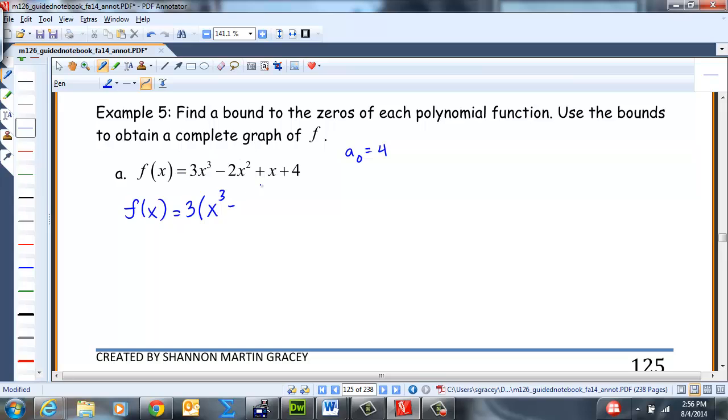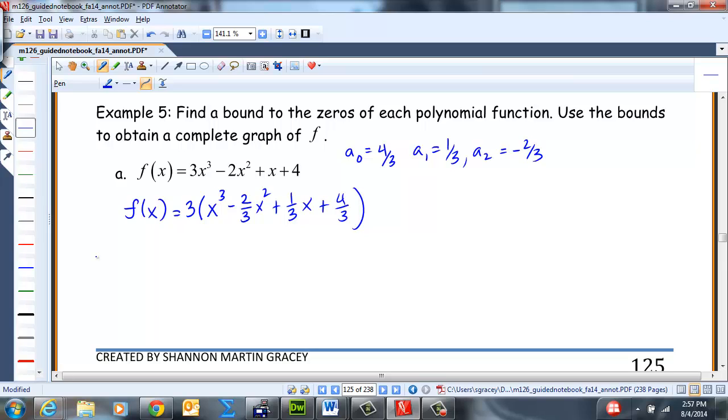And so if I factored out the 3, do you see I'll have 2/3 x squared and then plus 1/3 x plus 4/3. I just factored out a 3. So A0 is going to be 4/3. A1 is 1/3. A2, which is our A sub n minus 1, is negative 2/3.